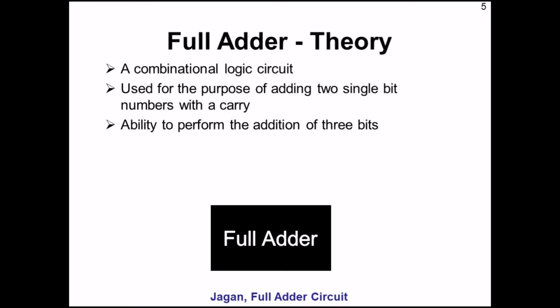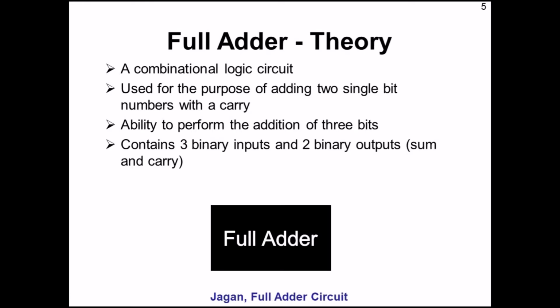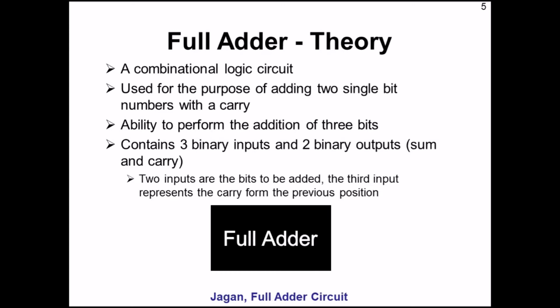So if you see here, this is a full adder block, and here you are going to have 3 binary inputs and 2 binary outputs, sum and carry. So the 2 inputs are the bits to be added, and the third input represents a carry from the previous position, right?